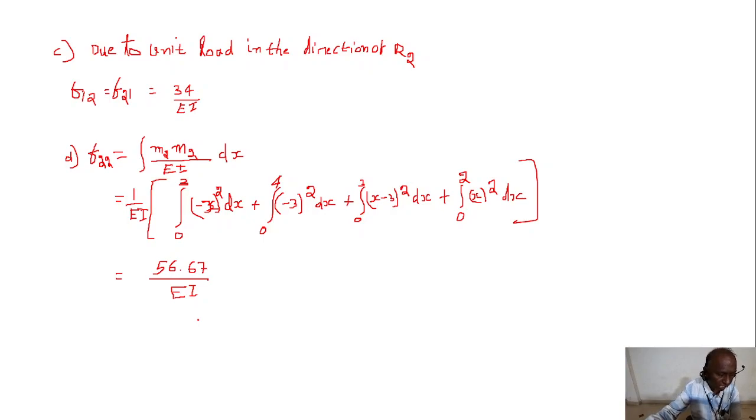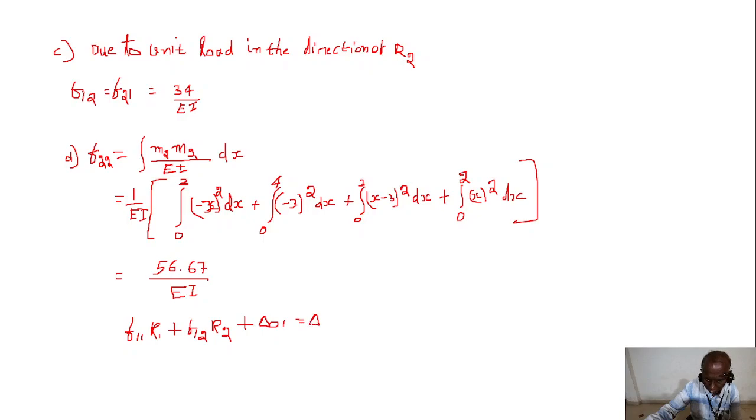So now we will set up the compatibility equation as there are two redundants R1 and R2. That is, the compatibility equation is F11 R1 plus F12 R2 plus delta 01 equal to delta 1.